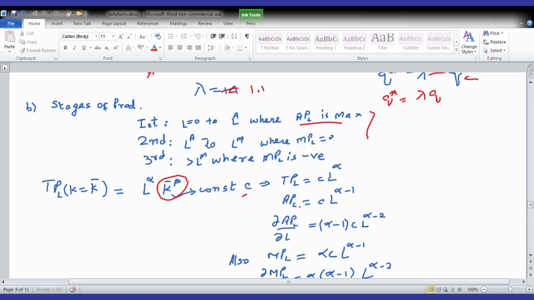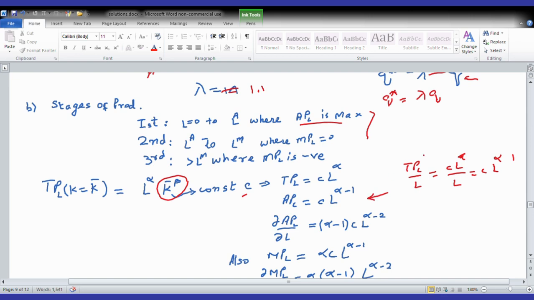Then I define the average product of labor. Remember that average product of labor is total product of labor divided by labor, and when you do it, it is C L raised to power alpha divided by L, and this is equal to C L raised to power alpha minus 1.